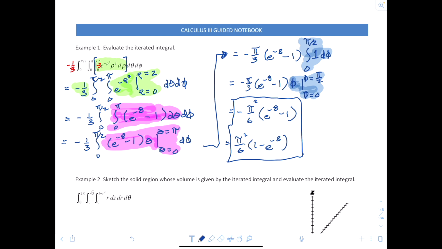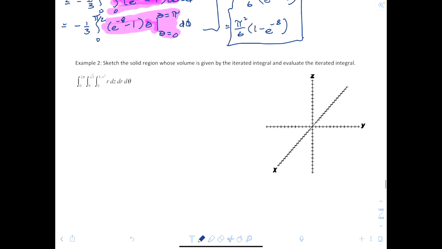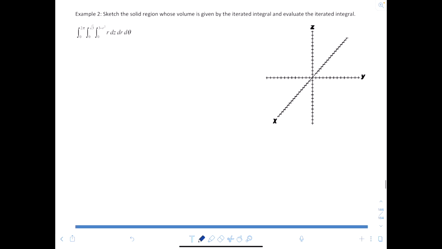Okay, so now here we go. This is what we're going to do. We're going to sketch the solid region whose volume is given by the iterated integral and evaluate the iterated integral. So here we go.